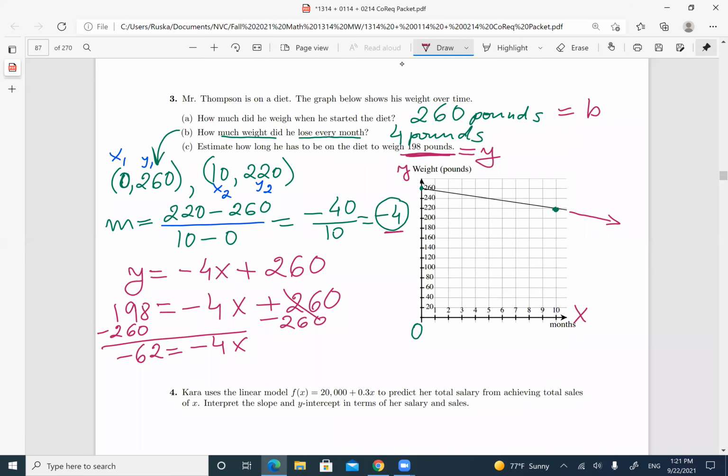And then I have to divide both sides by negative 4. So what do you get? 15.5 months, right? Okay, everybody understanding this? Okay, any questions?